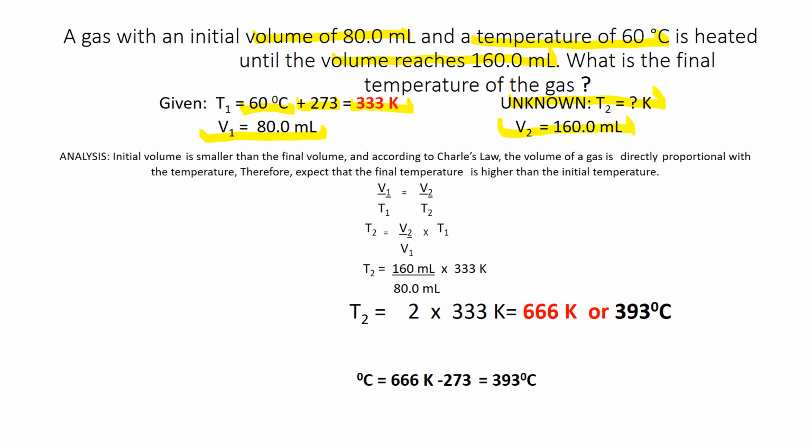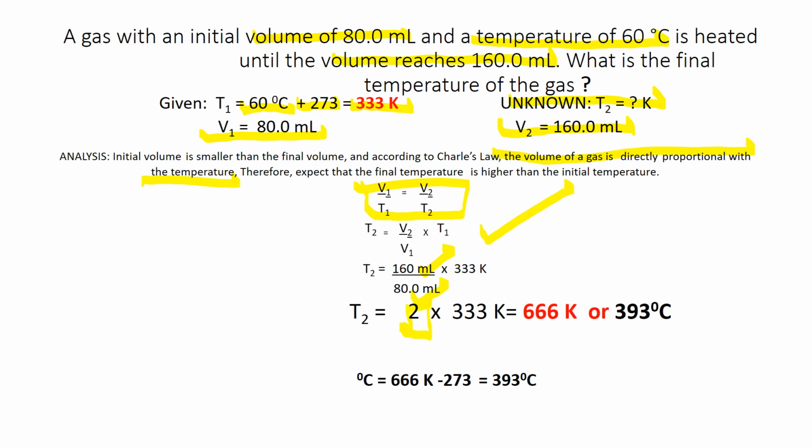As you notice, the volume is doubled. Therefore, according to Charles' law, the volume of a gas is directly proportional to the temperature. So if the volume is doubled, most likely the temperature must be doubled. So this is again the equation. Now transposing T2, then substitute V2 over V1, cancel milliliter, milliliter, 160 divided by 80 is 2.